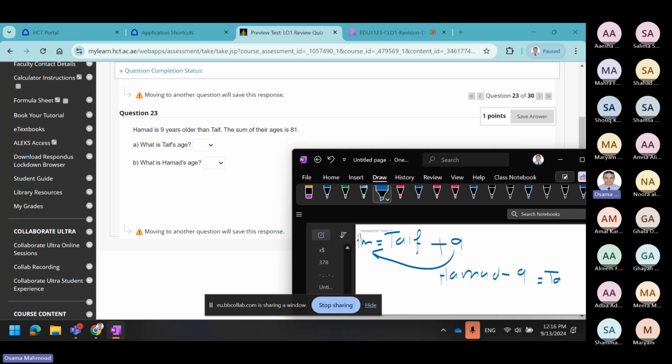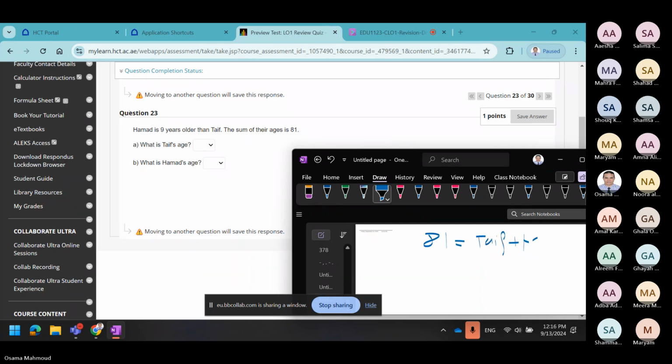So I have 81 as Taif and Hamad, right? But Hamad is 9 years older, so Hamad will equal to Taif plus 9.